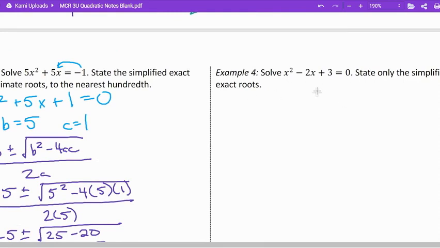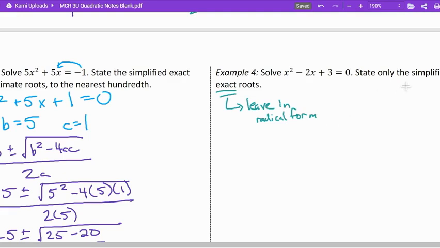Okay. Solve an equation. State only the simplified exact roots. Do you know what exact tells you? It means don't take the square root, leave it in radical form. No decimals.